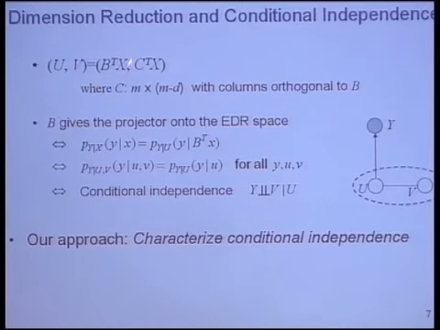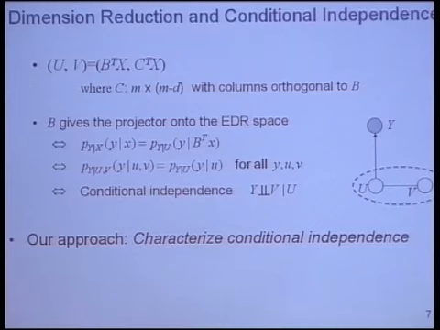So let's take B transpose X and complete the matrix B with a matrix C whose columns are orthogonal to B. And so we can now represent X as a pair U, V, projecting onto complementary subspaces via B and C. Okay, so if B gives the projector onto this effective dimension reduction subspace, that's equivalent to saying that the conditional distribution of y given x is equal to the conditional distribution of y given this projection. And that's equivalent to expanding x into u and v.